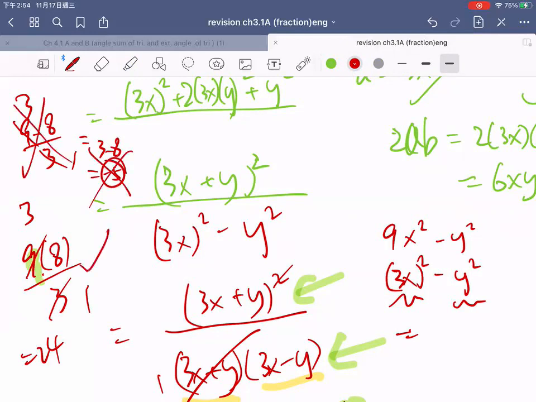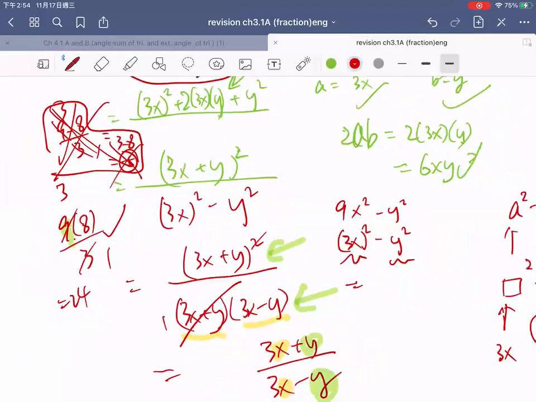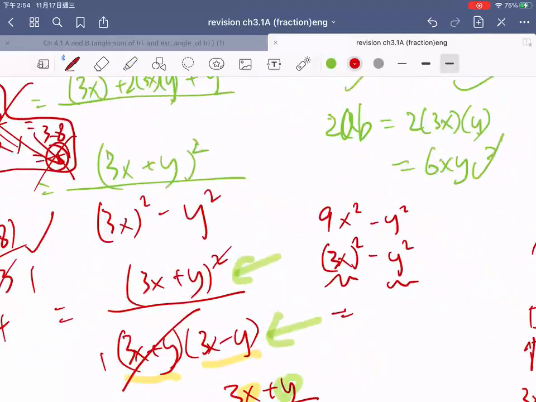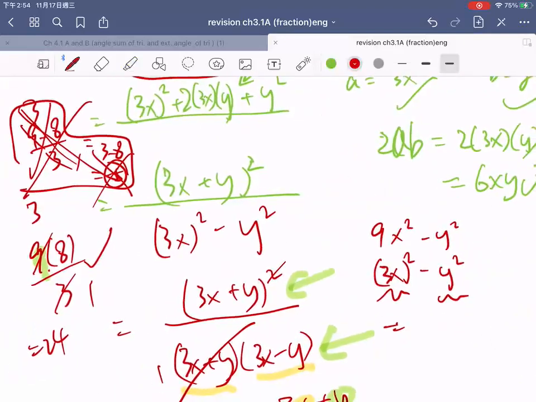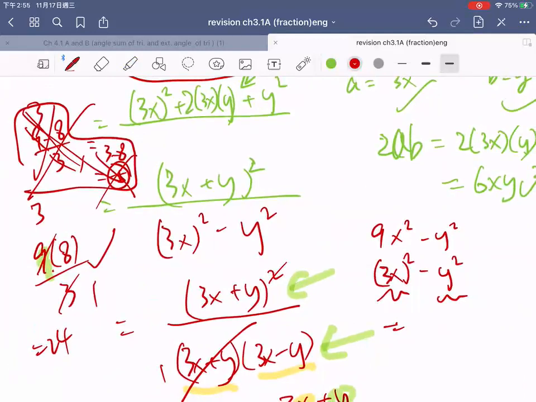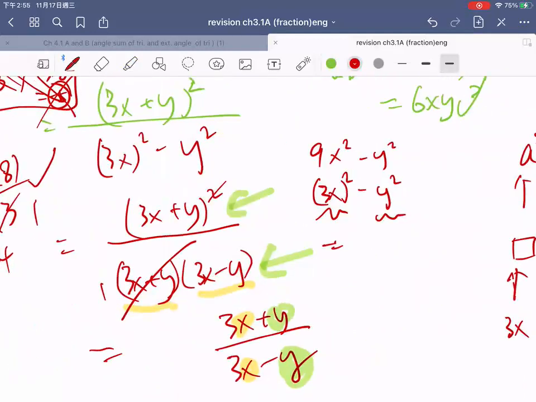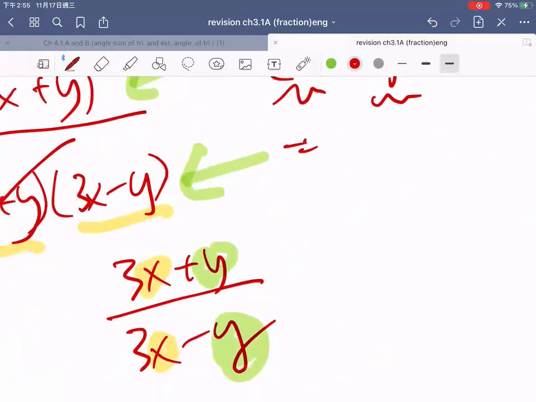This one correct, this one wrong. So we need to make it multiplication, make it the common factors, and then you can cross out, or you can think of dividing both sides by the same number or the same expression. That's the answer.